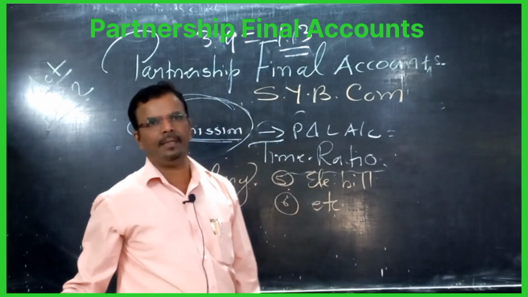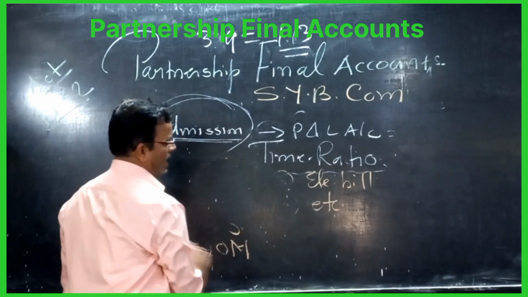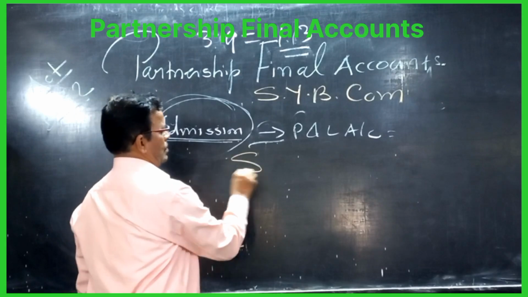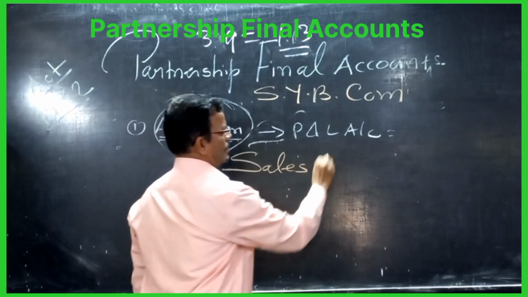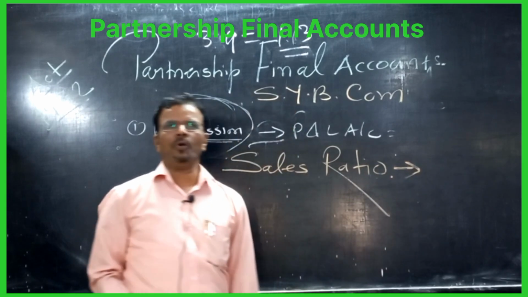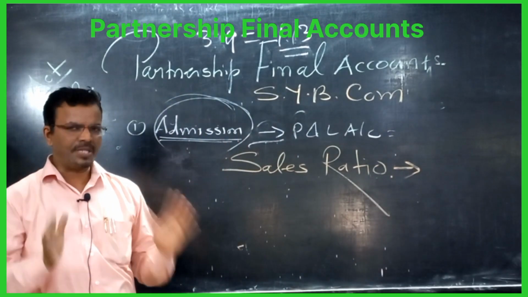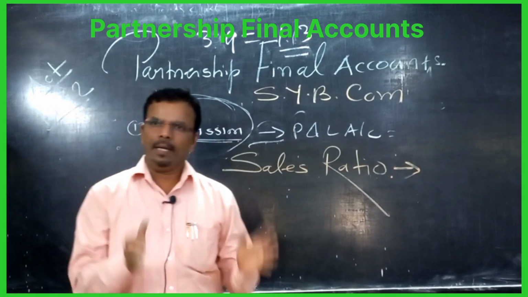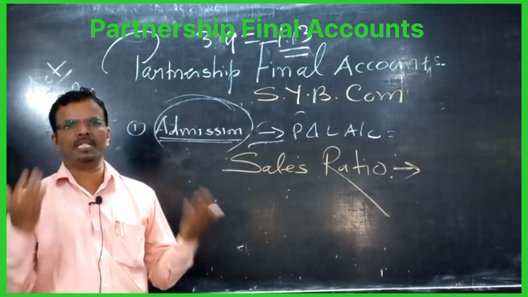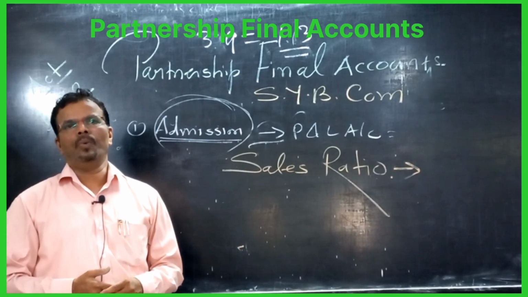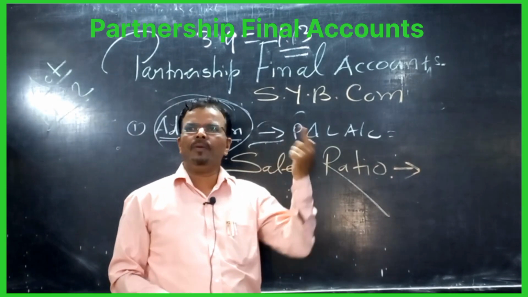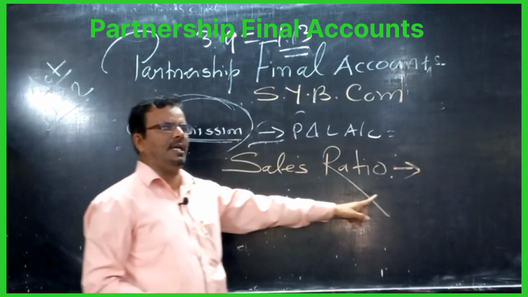Now come to the second ratio, and that ratio is known as the sales ratio. Very important, sales ratio. Whatever information is given in the question, we will find out the information about the sales, and with the help of that information we will find out the sales ratio.